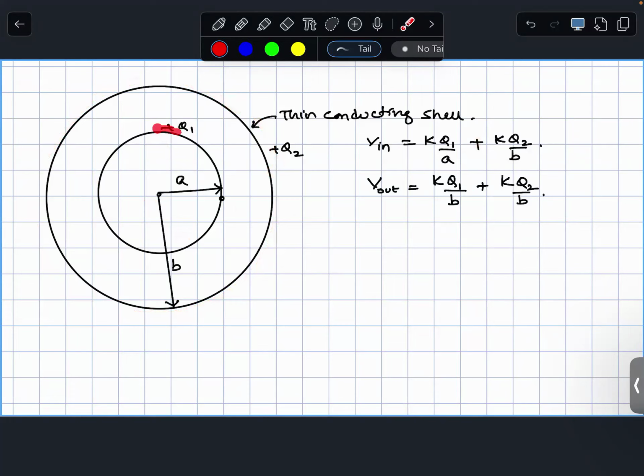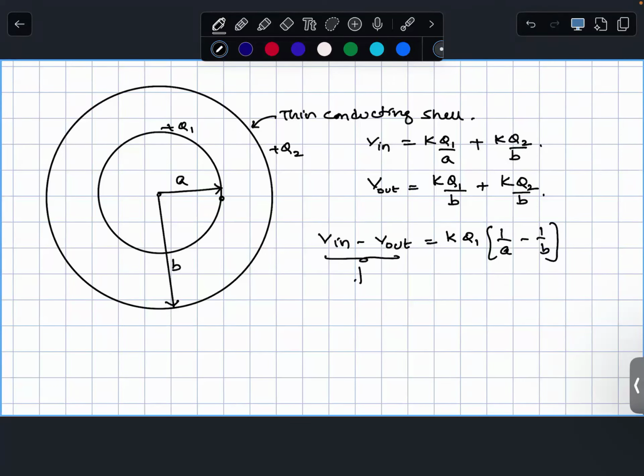But whereas in this case, it is a point on the surface and it is a point on the outside. Now, what is the potential difference? V in minus V out. This is simply KQ1 times 1 by A minus 1 by B. Remember, this potential difference is independent of charge on the outer shell.